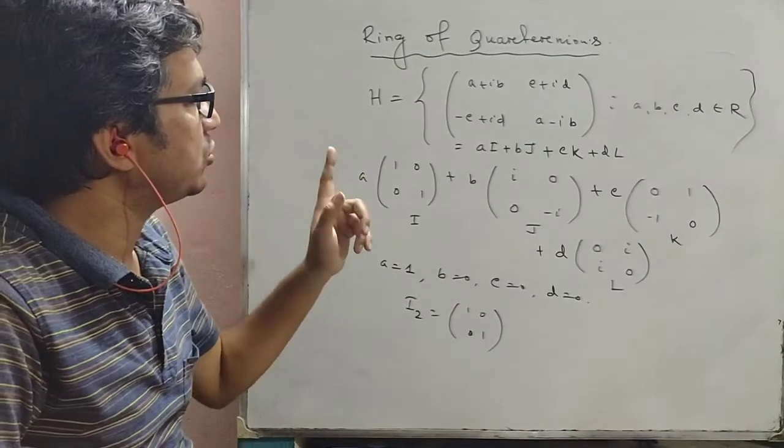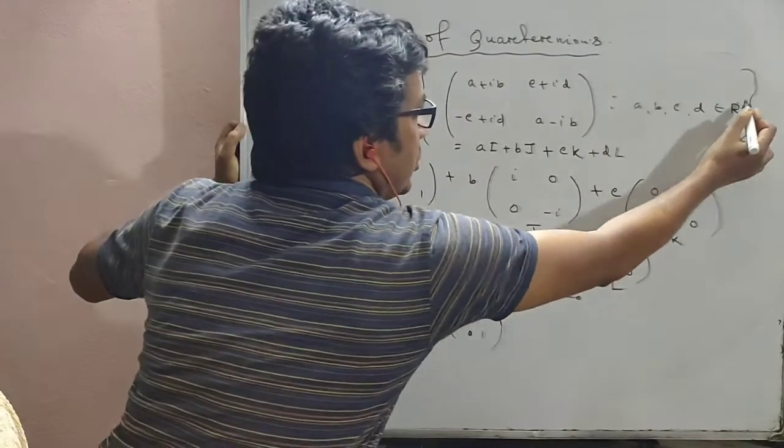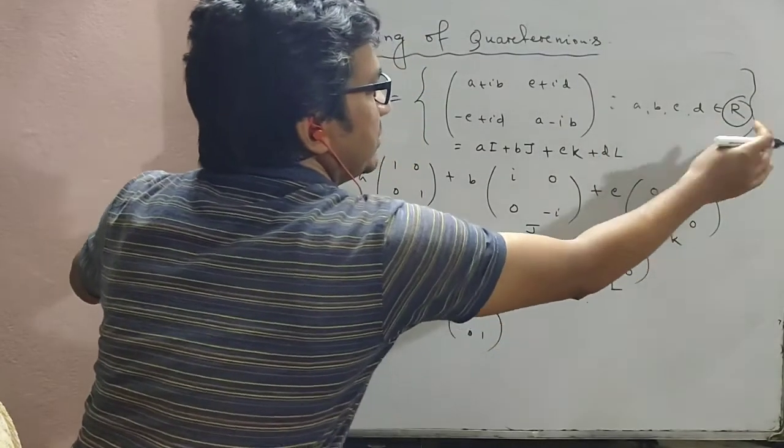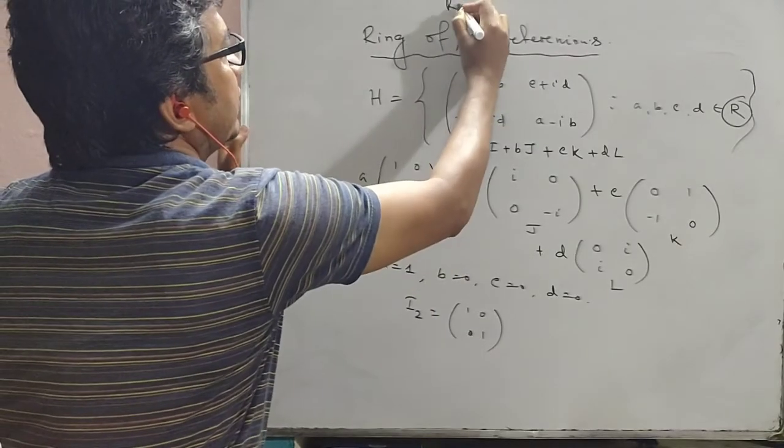This ring is called the ring of real quaternions because A, B, C, D belong to the real numbers.